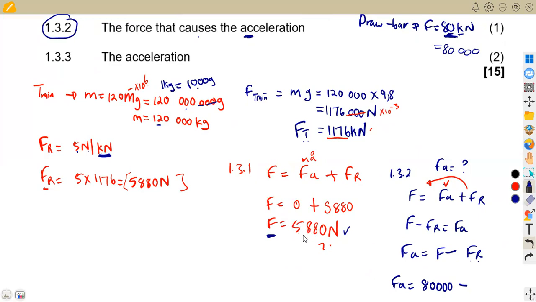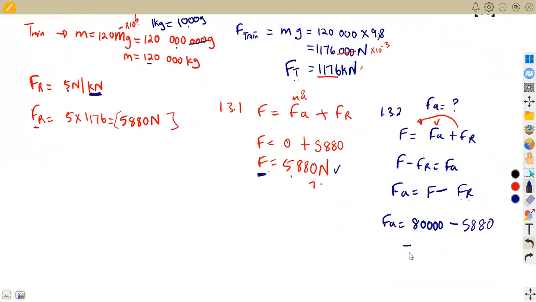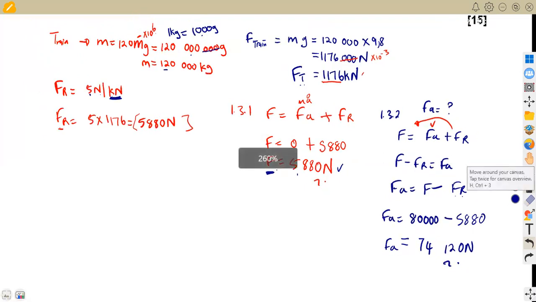That is now your resistive force, which is 5,880. So take note, be very, very careful. This is how tricky the question was going to be. So this is going to represent your FR this time. Subtracting these two, we shall have 74,120 Newtons if we subtract properly. So that's our FA, which is the accelerating force.